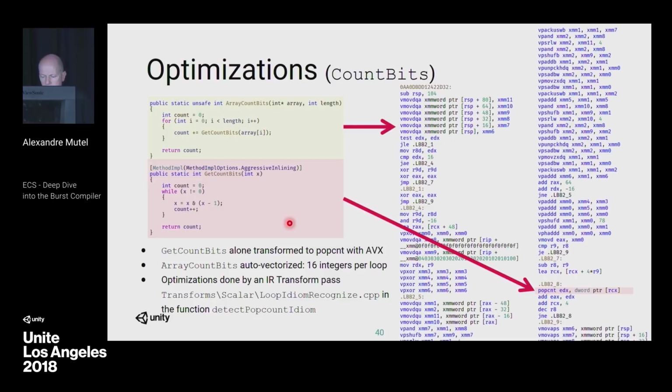So what's happening here, and that's a lot. Huh? That's not what I wrote, actually. I don't know. So what's happening here is that we have, again, the vectorization of a loop that is in place. So a single loop is able to handle 16 values, 16 integers on one loop. And the count bit function is actually even optimized to 1 when you are processing the remaining elements of your loop.